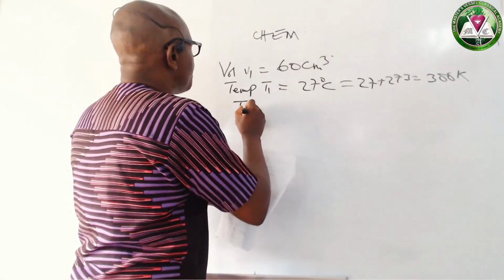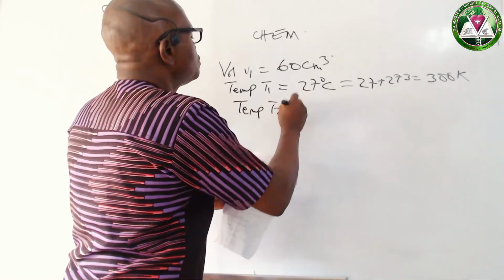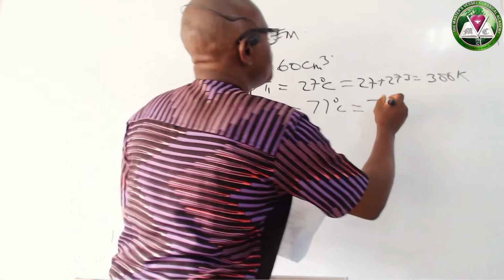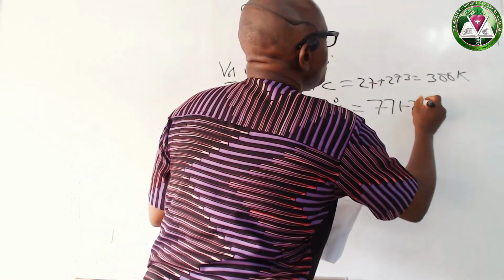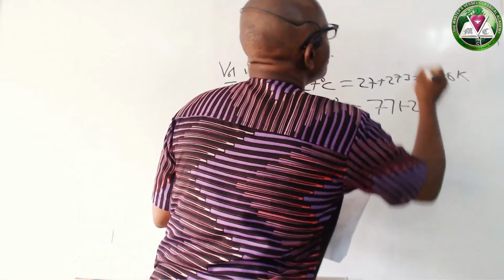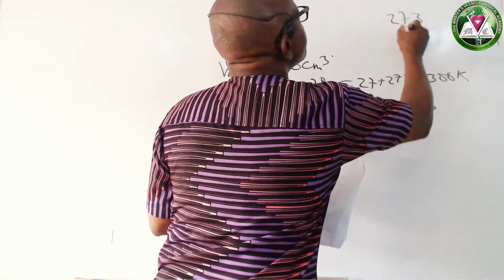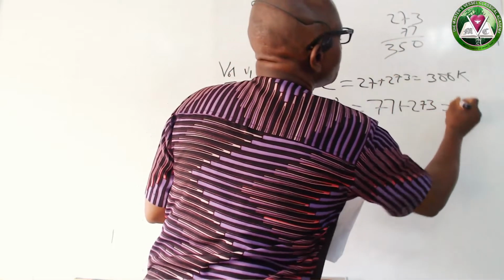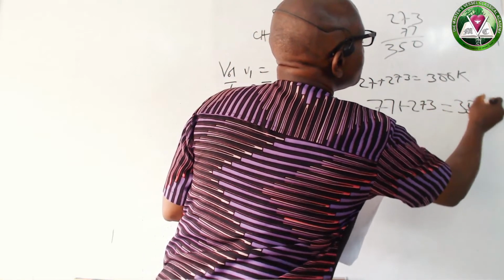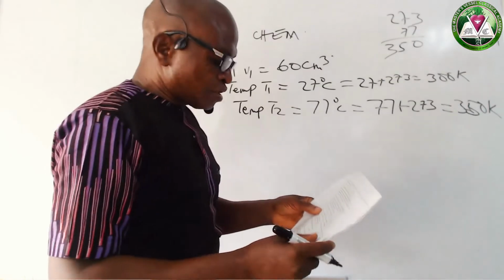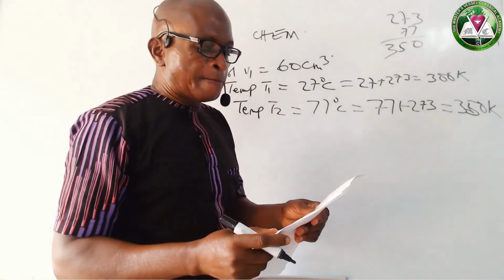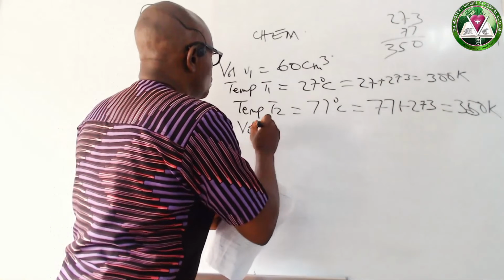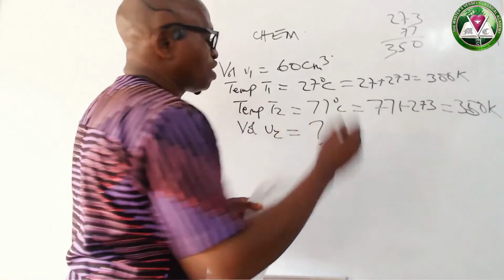Then you have your temperature T2, which is 77 degrees centigrade. You convert it to Kelvin: 273 plus 77 gives you 350 Kelvin. Then V2, volume 2, is what you are looking for.